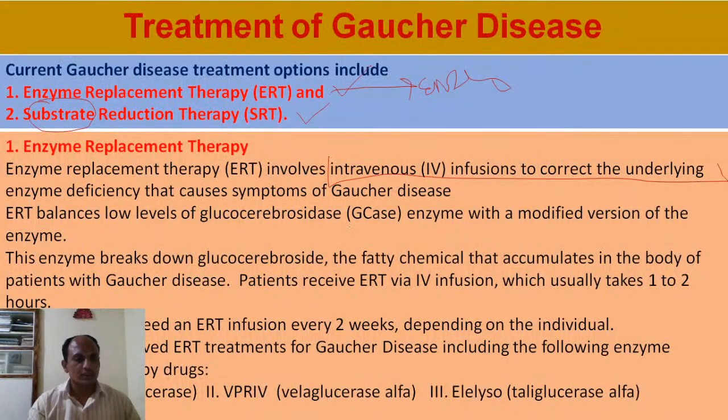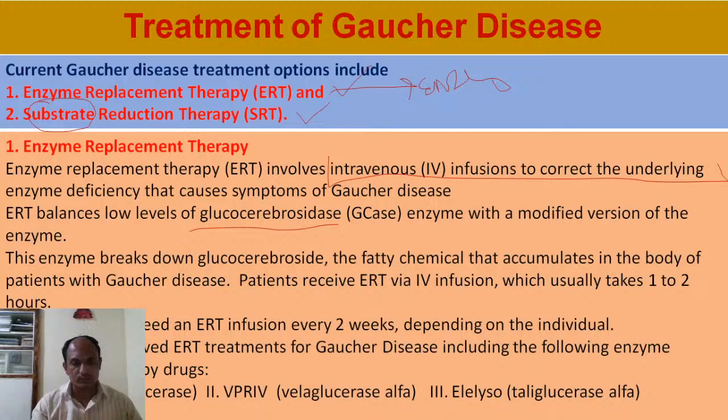So this enzyme replacement therapy balances low levels of glucocerebrosidase, because there is a deficiency of this enzyme. When there is an intravenous infusion of this glucocerebrosidase enzyme in the patient, that can balance the levels of that enzyme in the patient's body, and this enzyme is a modified version of the original enzyme here.